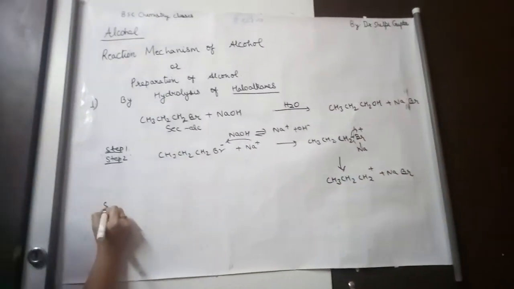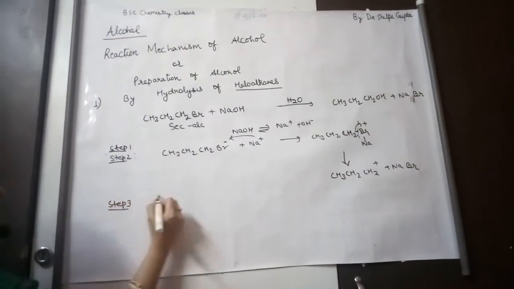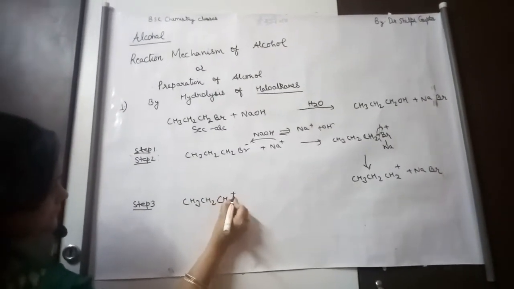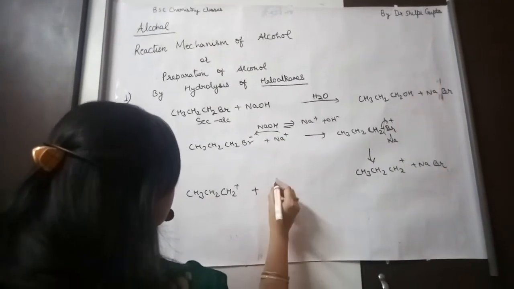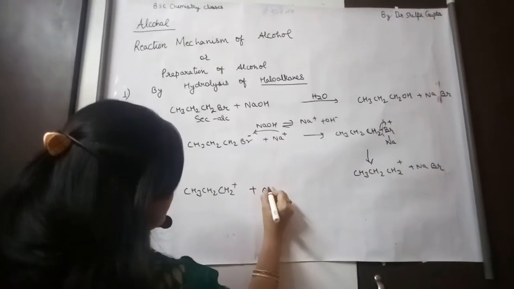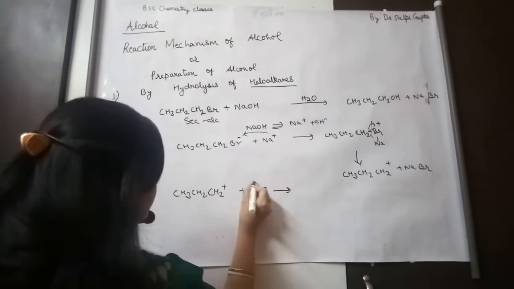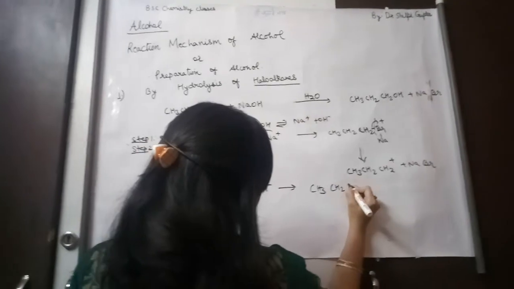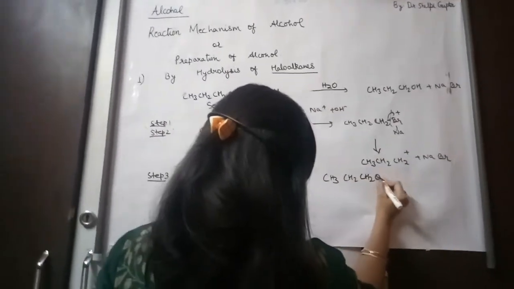Now, in the next step, step number 3, CH3CH2CH2 plus will react with the OH ion we formed earlier in the first step. OH ion will attack on the positive charge. CH3CH2CH2OH.